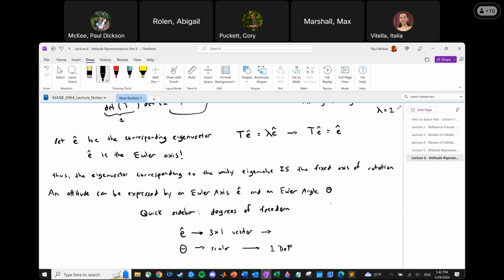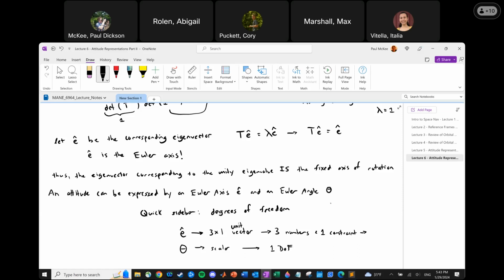However, we could just think about it this way, right? A 3x1 vector, you could plug in any number you want for x, any number you want for y, any number you want for z. However, it's not just any vector, it is a unit vector, which means it has 3 numbers and 1 constraint. Or you can think about it physically, right?